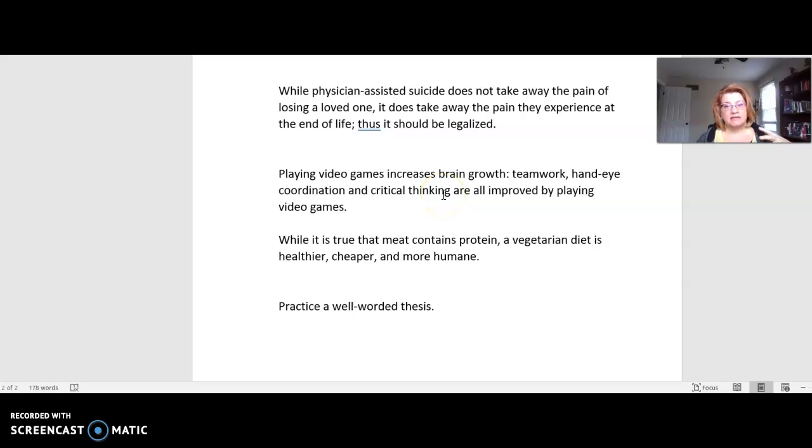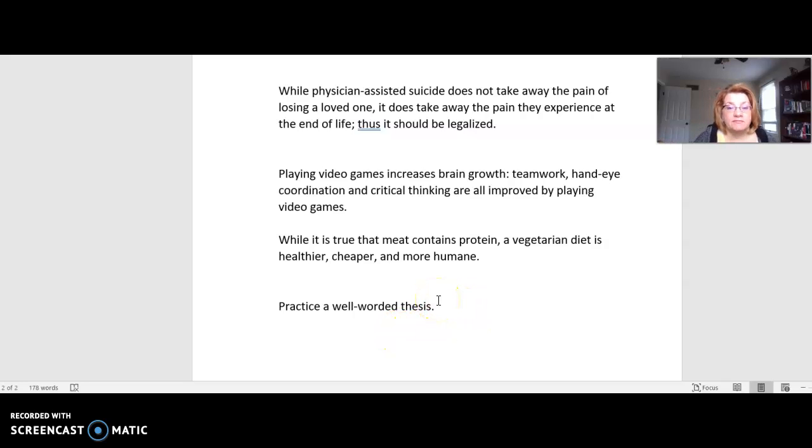So the thesis kind of lays out the chunks of the paper. And then a final one about a vegetarian diet. Again, you've got chunks: healthier, cheaper, and more humane. And this subordinate clause at the beginning is what that author expected to have to take on right at first. I know, vegetarians have to find other sources of protein.